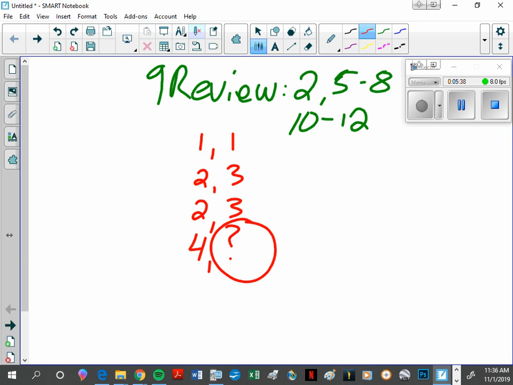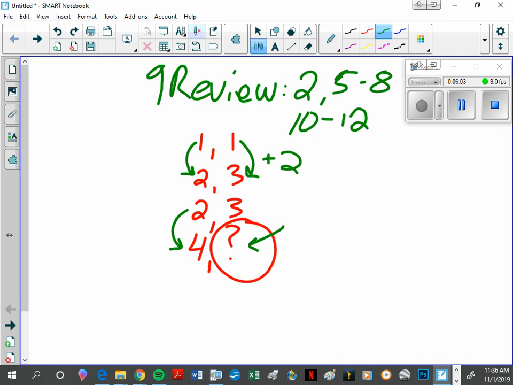Well, what's the slope? When I jumped from 1 to 2, what was the slope? Plus 2. So when I jump from here to here, what do I need to put there? A number that is how much bigger? Not 2.